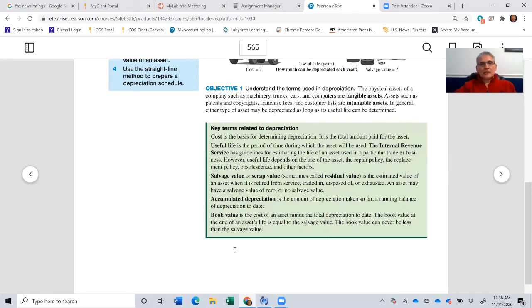So the book value is the cost minus the total depreciation to date, or accumulated depreciation. If 10,000 is the cost, and 6,000 has already been depreciated over the 3 years, then the book value is going to be $4,000. It's just the cost minus the accumulated depreciation.